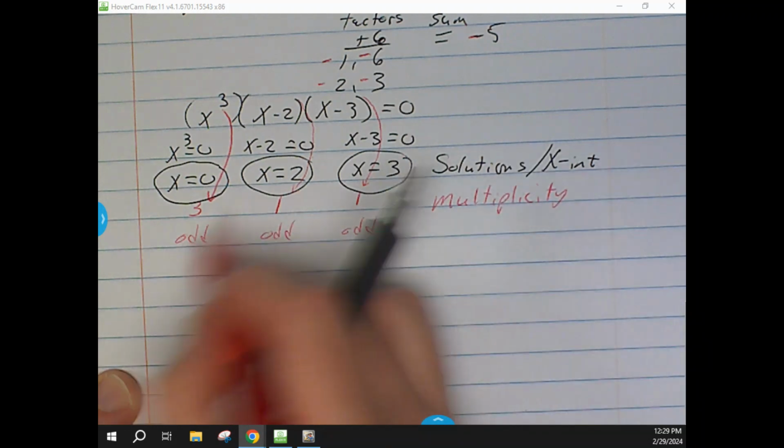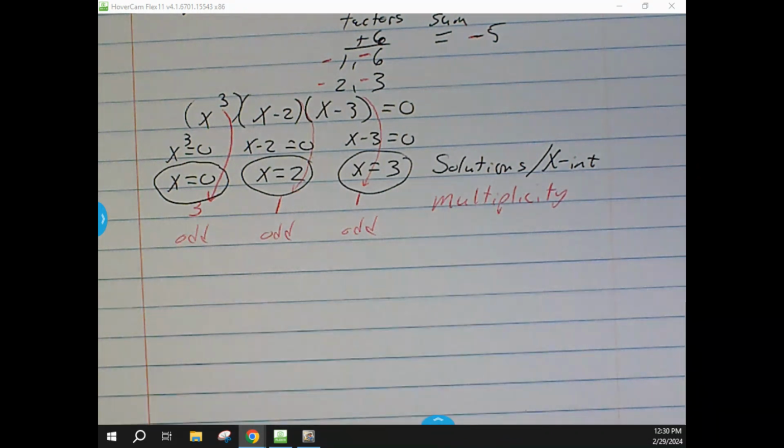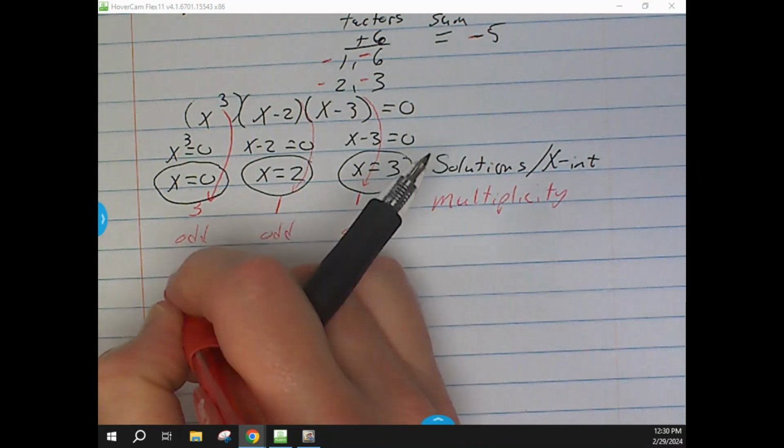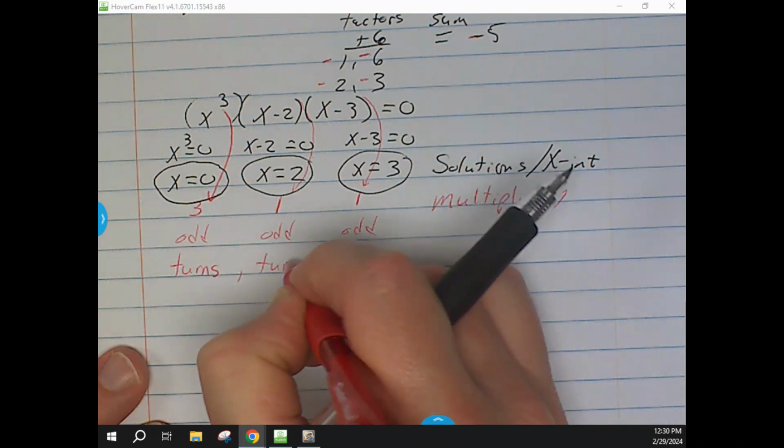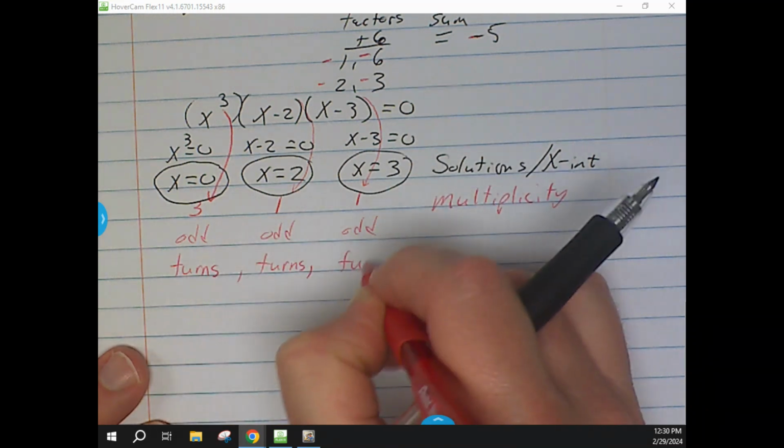So that means each one of these, being odd, we go back and we said each one of these is going to turn around. So it turns around, and turns around.